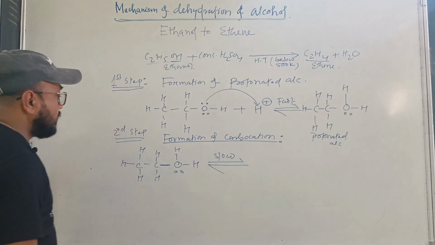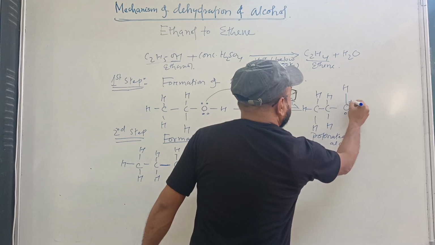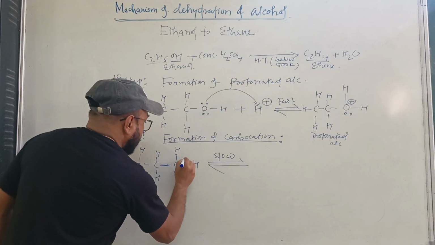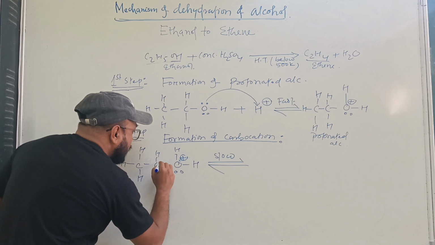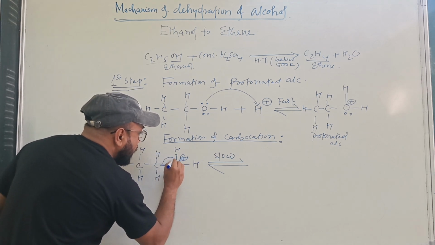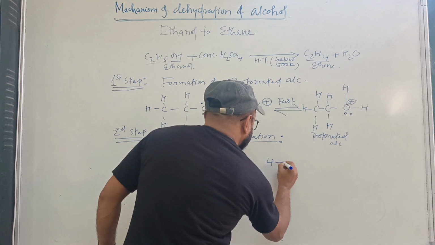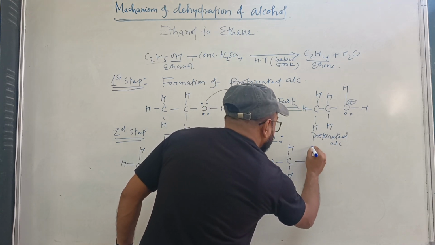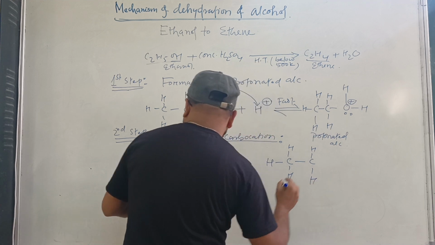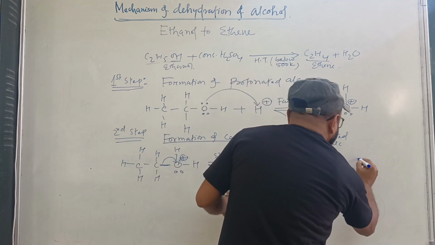This is the bond, and this is the positive charge already, and there is movement of electrons from carbon towards the oxygen atom. As a result, we get carbocation and a water molecule.